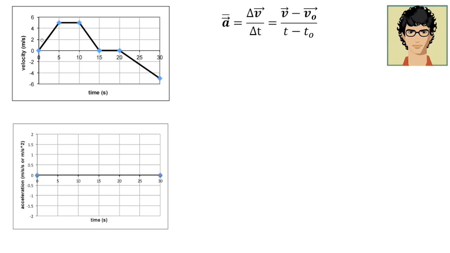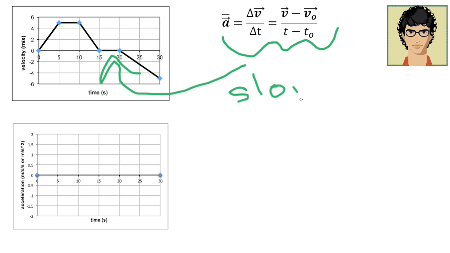The graph for velocity versus time now has a change in velocity, which is an acceleration. So you'll notice from 0 to 5 seconds that the velocity increases from a V naught of 0 to a V of 5 meters per second. So the idea here is that this is essentially the slope.